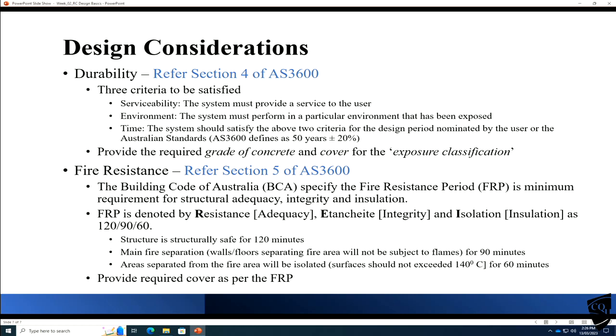The other one is also time. I think I touched on this a little bit last week. So the design life of the structure. AS3600 assumes a design life of 50 years. The steel standard AS4100 also assumes 50 years of design life. Bridge design is normally assumed as 100 years.